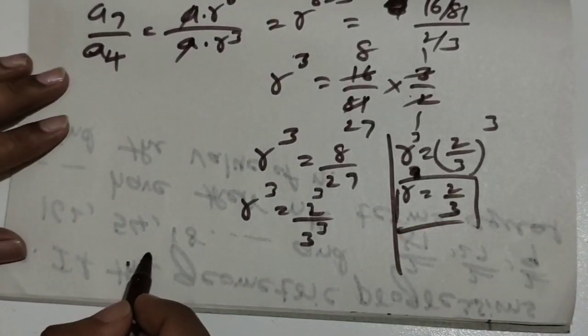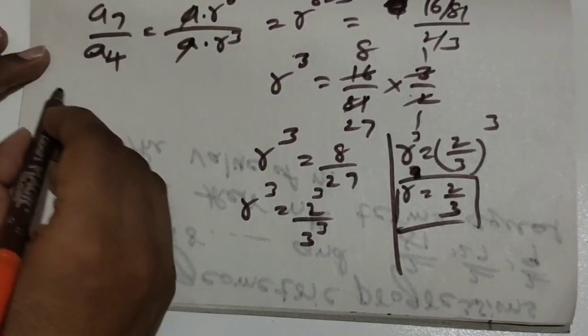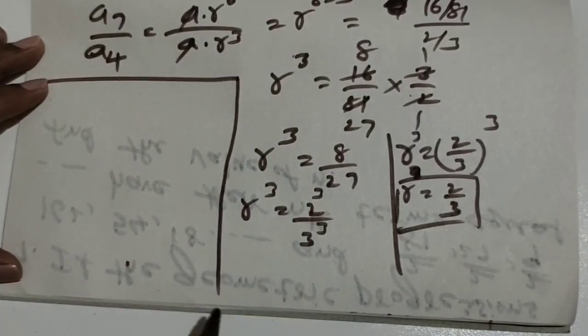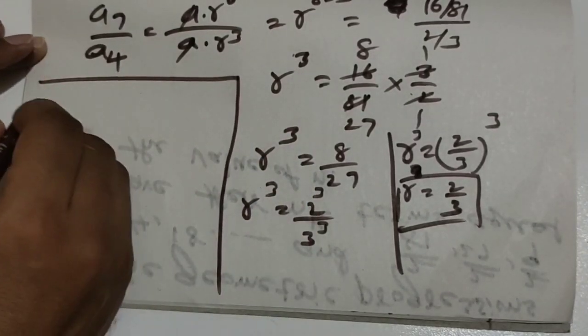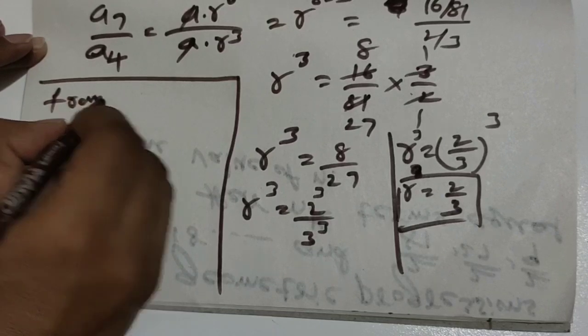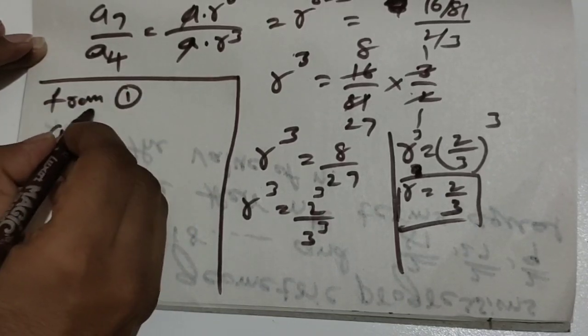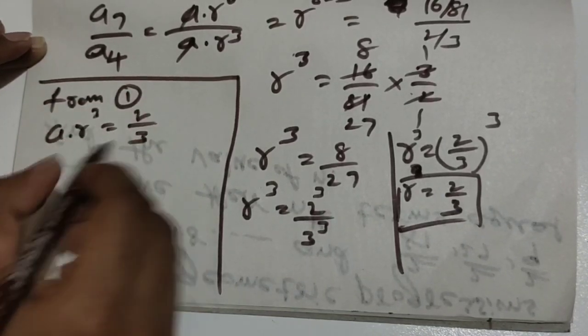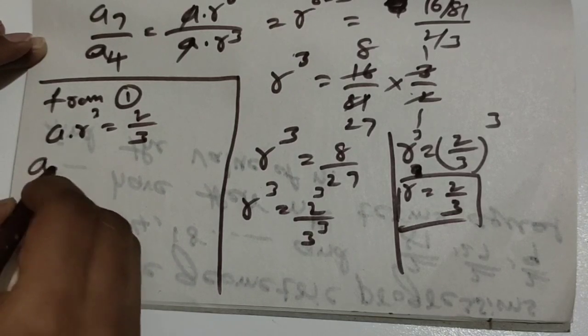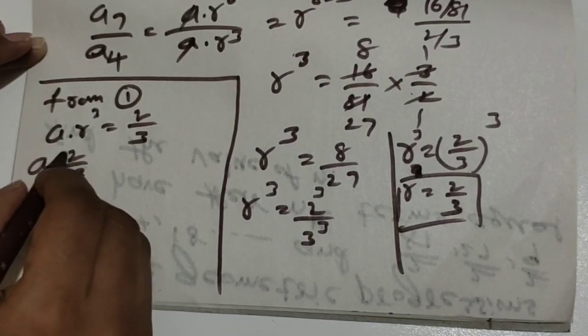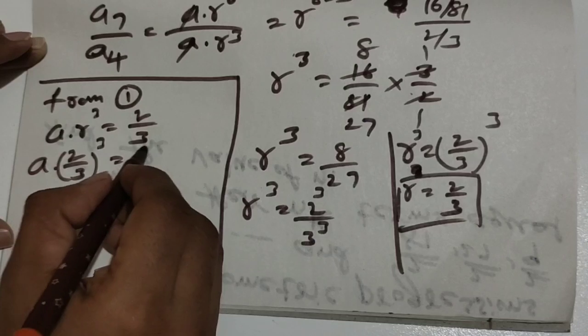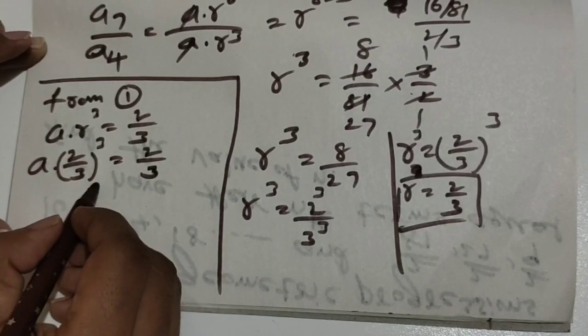Okay. Now we have to get the A value. So from equation 1 we have A into R power 3 is equal to 2 by 3. Then A into R power 3, that is 2 by 3 whole cube, is equal to 2 by 3.